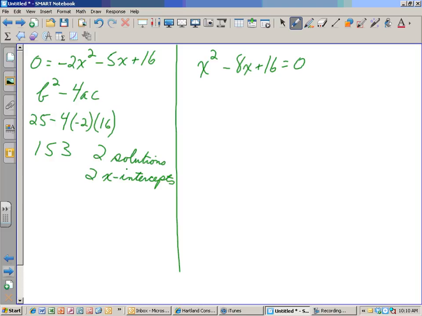All right, first of all, I'm going to show you two things here before I put it in the discriminant. Let's do the quadratic formula. x is equal to the opposite of b plus or minus the square root of the discriminant, all over 2a. Let's see what the discriminant is now. b squared minus 4ac. I'll do that over on the side. b squared, 64, minus 4 times 1 times 16.